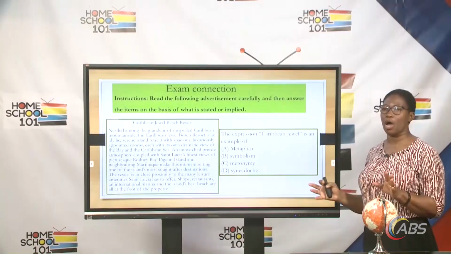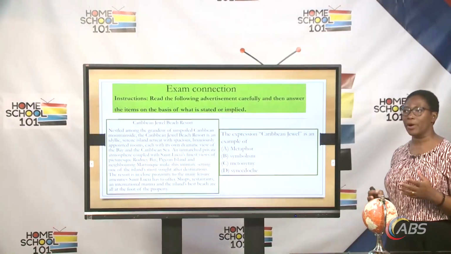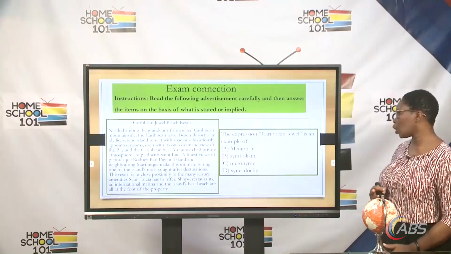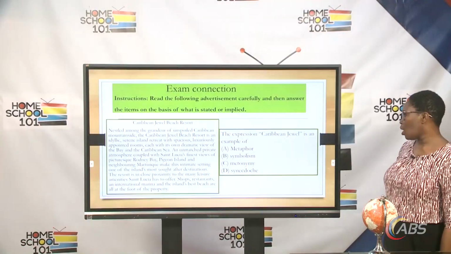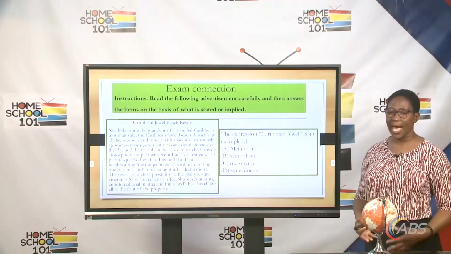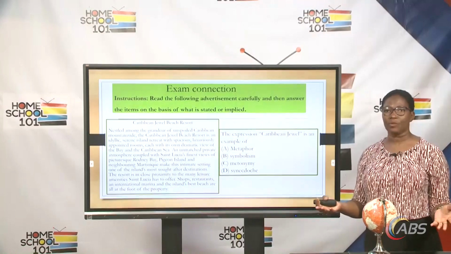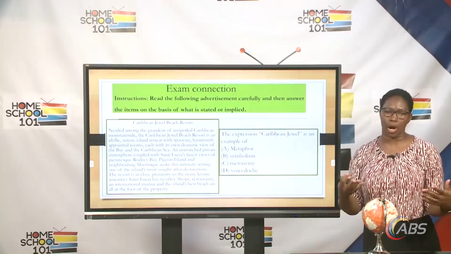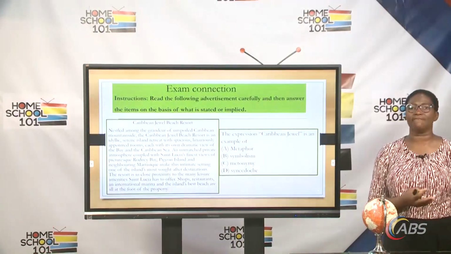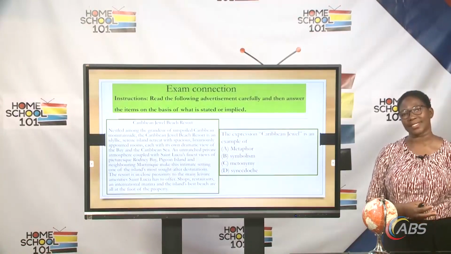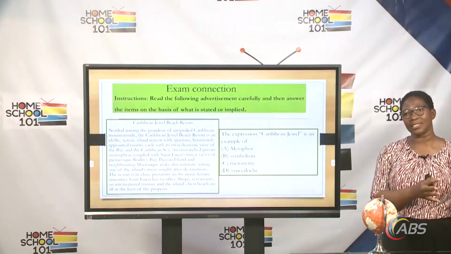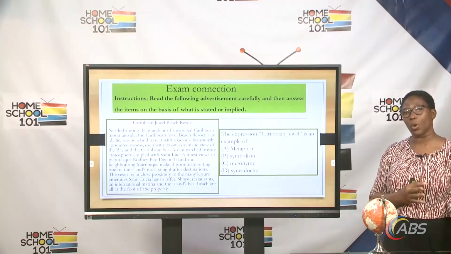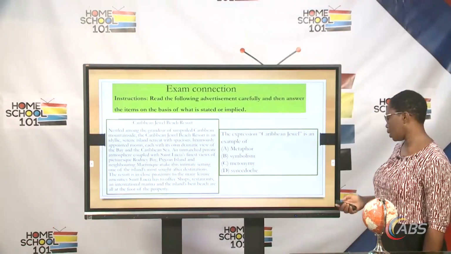We say the crown, and we're really referring to the royal family or the Queen of England. Synecdoche, I can say I need 10 hands, which means I need 10 men or 10 individuals to work on a particular task. But I'm using hands, a part of the whole, to refer to the whole.